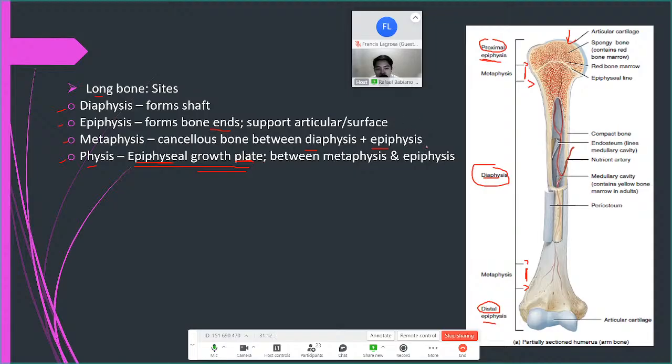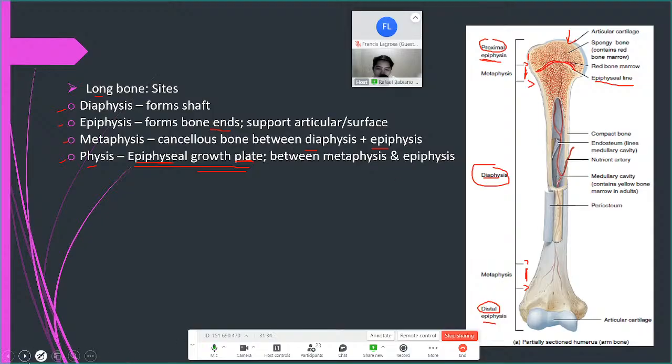This is where your bone grows or lengthens. Right here is the line. You can see here, it is called the epiphyseal line. It is between the metaphysis and the epiphysis, so this line is in between them.